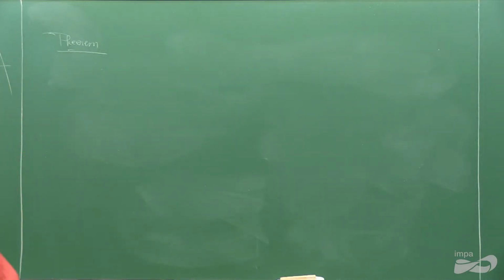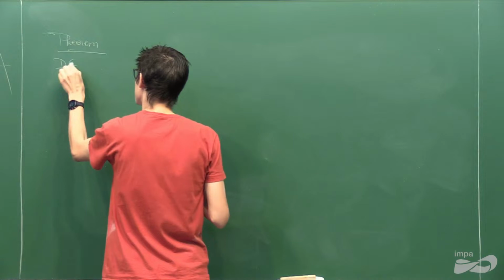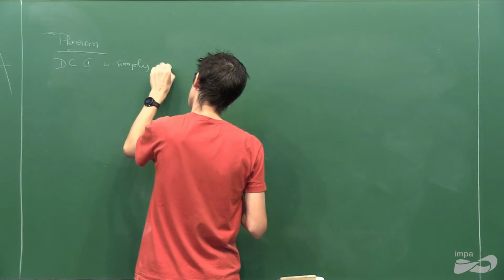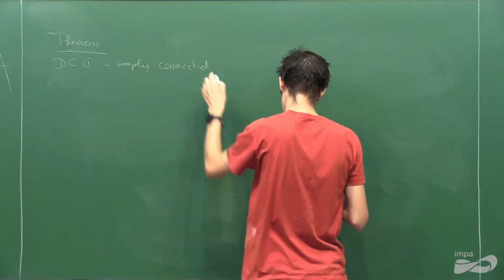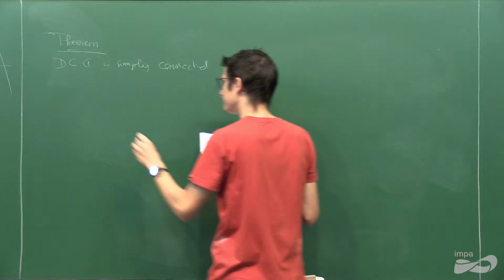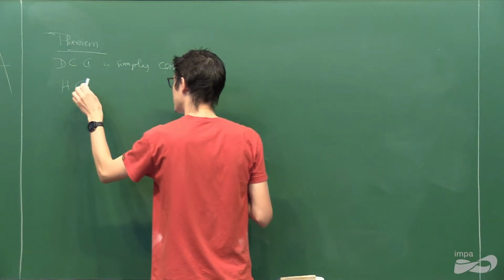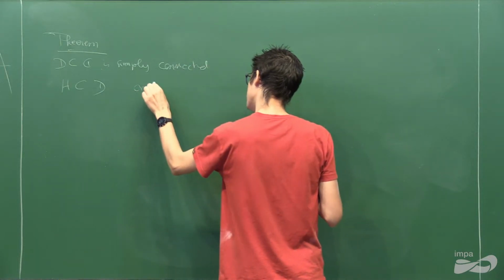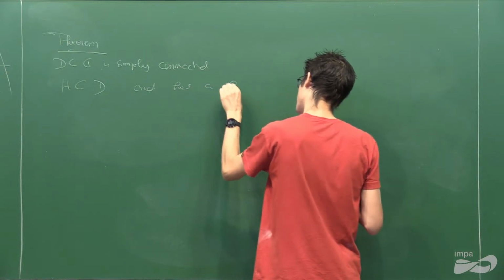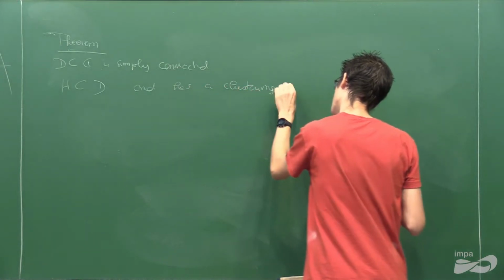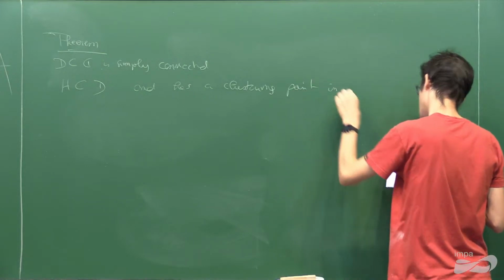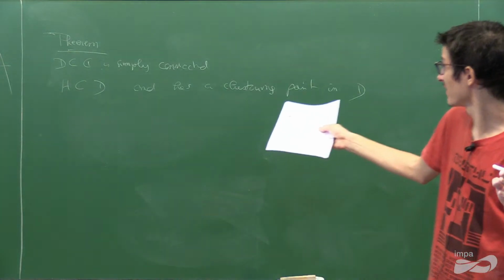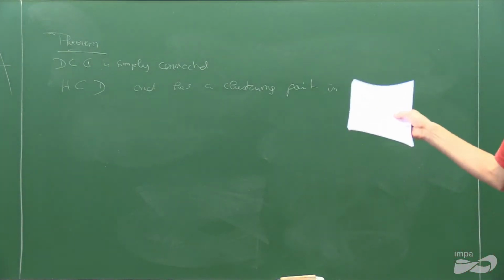And this tells you the following. If D, included in C, is simply connected, and H is included in D, and has a clustering point in D. So what does it mean that H has a clustering point in D?